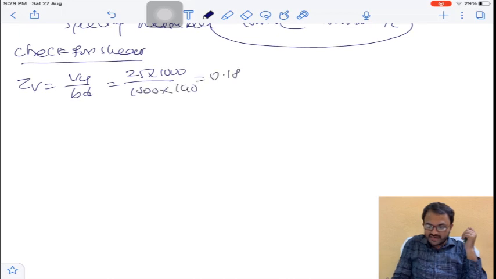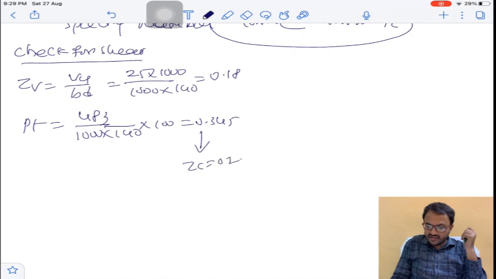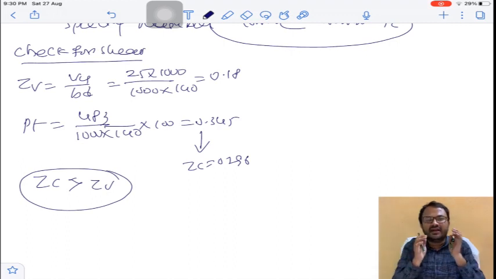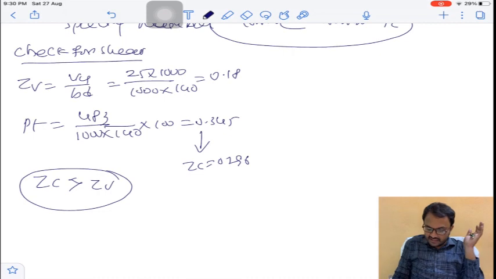And percentage tension reinforcement is 483 divided by B 1000 and D 140. It is already calculated many times, 0.345. Corresponding to this PT, tau C is equal to 0.296. So this tau C is greater than tau V. Whenever tau C is greater than tau V, the given slab is safe with respect to shear. So that is safe in shear.